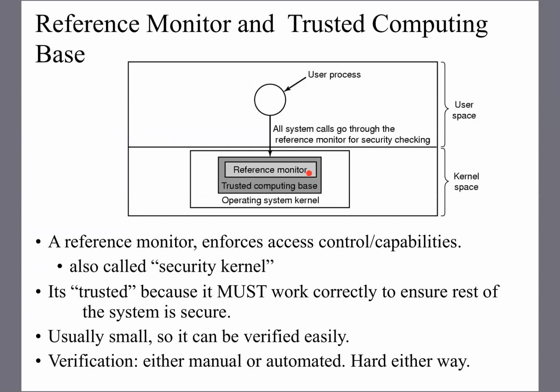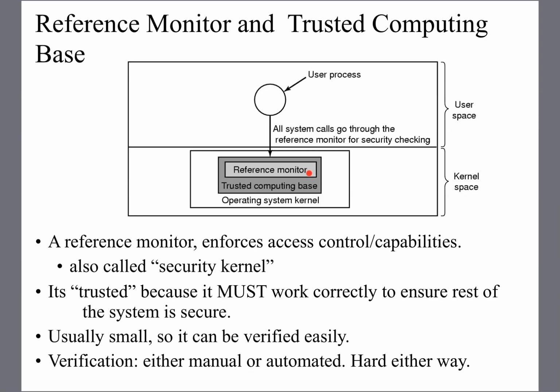And the reference monitor is obviously really important, because if it is compromised, then the entire system is compromised. Of course, this picture shows one reference monitor, but it may be many different components all over the OS. All of them taken together, you can think of as a reference monitor.